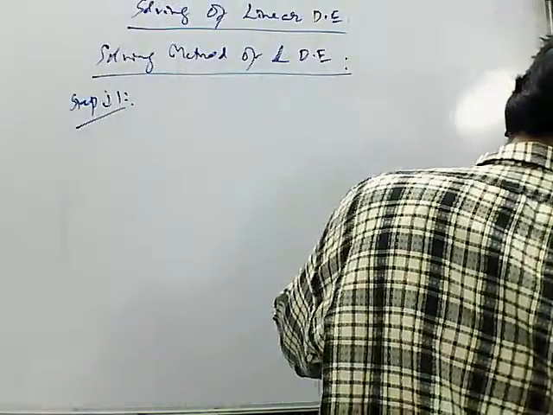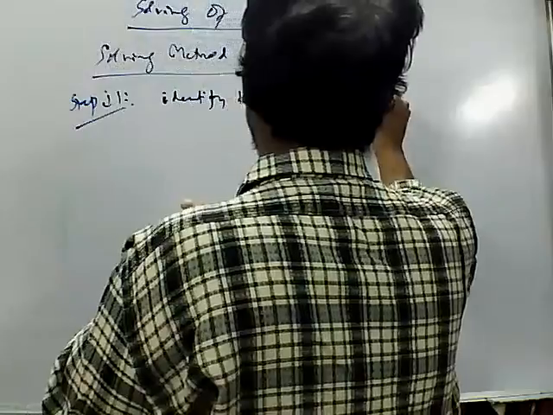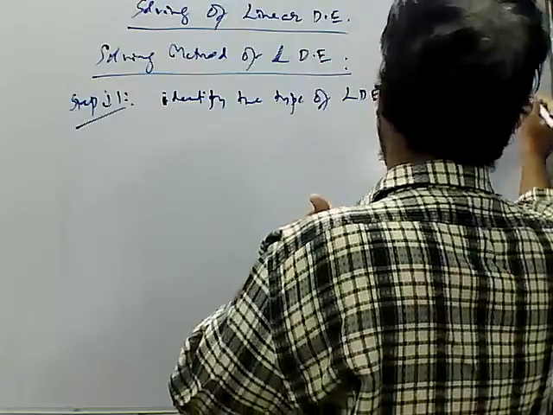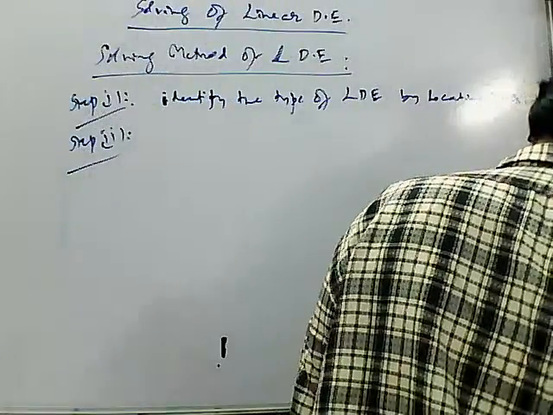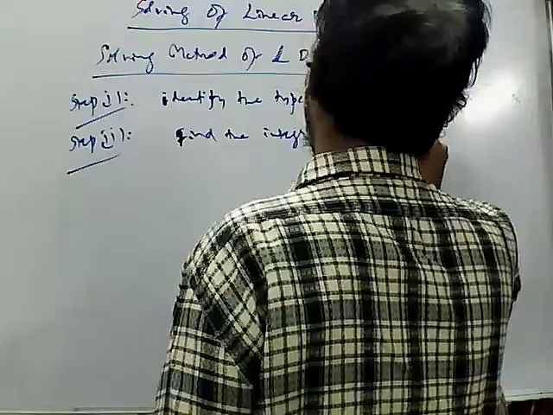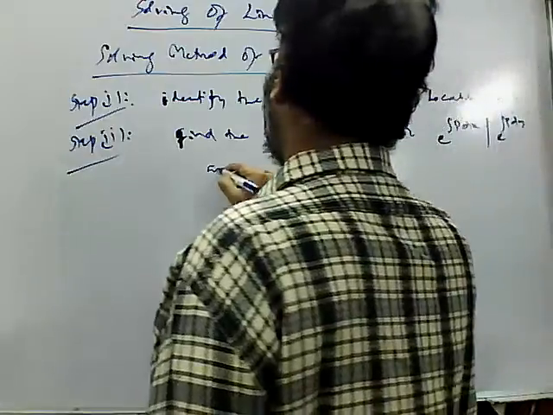Step 1: Identify the type of linear differential equation by locating P and Q. What type is it, the dx by dy form or the dy by dx form, and identify P and Q. Step 2: Find the integrating factor, e power integral P dx or e power integral P dy as per the form of the linear differential equation.